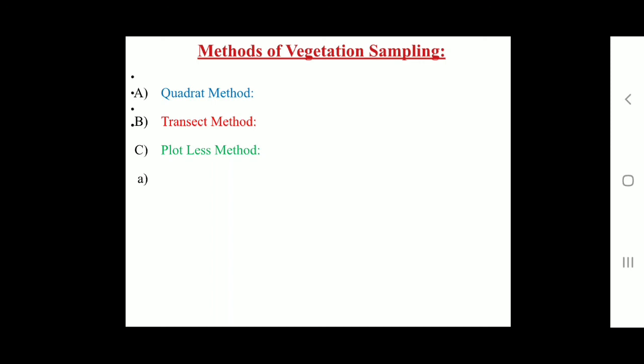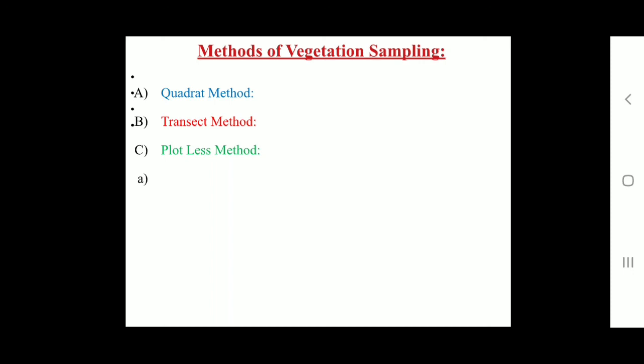Then basal area or cover area. This is the percent area of the quadrat occupied by a plant species or area occupied by the base of trees. It is considered a good indicator of the size, volume or weight of trees. The girth at breast height or diameter at breast height measures are used to calculate the basal area. The girth or circumference of the tree is equal to 2 pi r, where pi is equal to 3.14 and r is the radius.